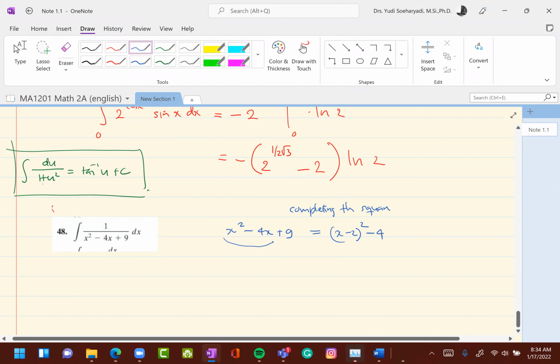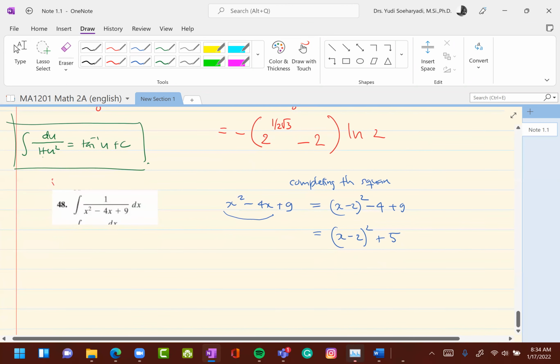So this equals x squared minus 4x plus 9, which gives you plus 5. Well, this looks like this one now.